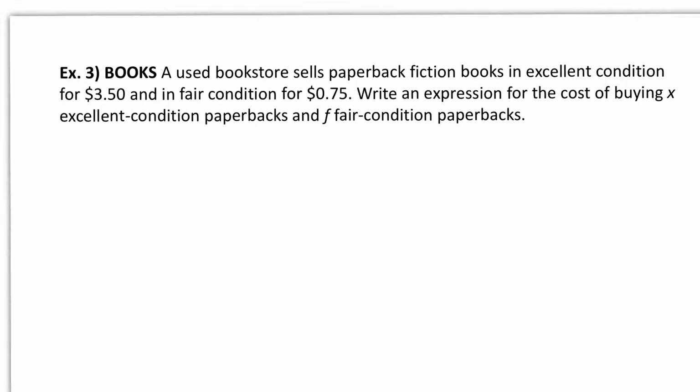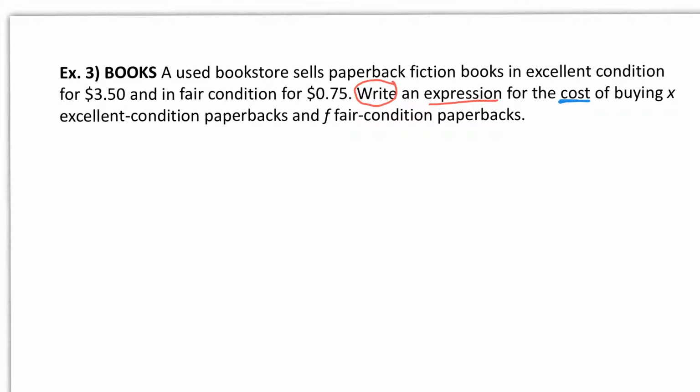So one more time, let's go ahead and understand the problem. It says here that you are going to write an expression. So we are looking for that expression that represents this question. And it says we want to write the expression for the cost. So we want to know what is the cost, how much we have to pay when we buy those books.